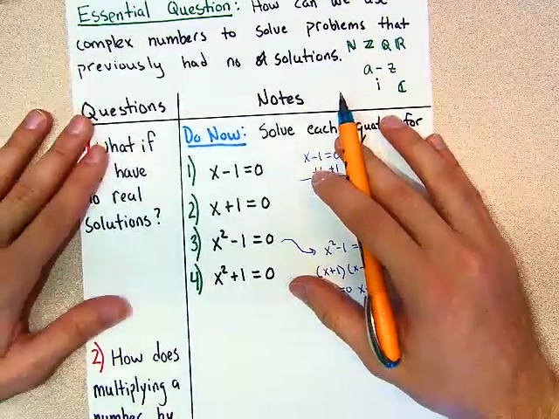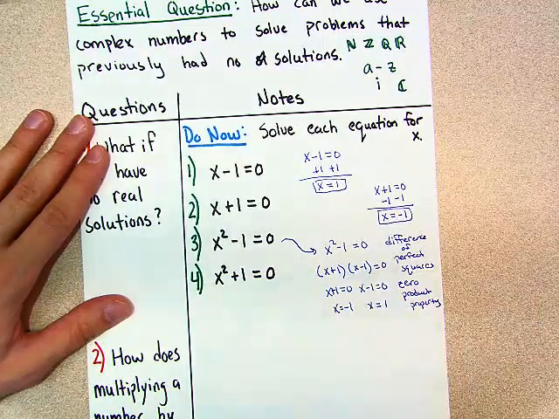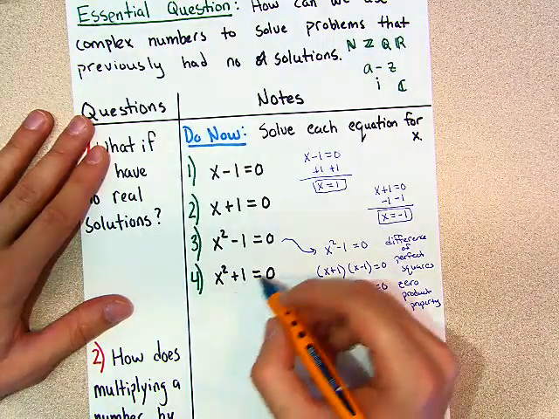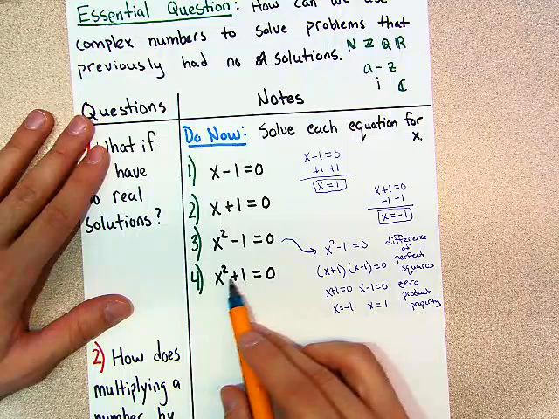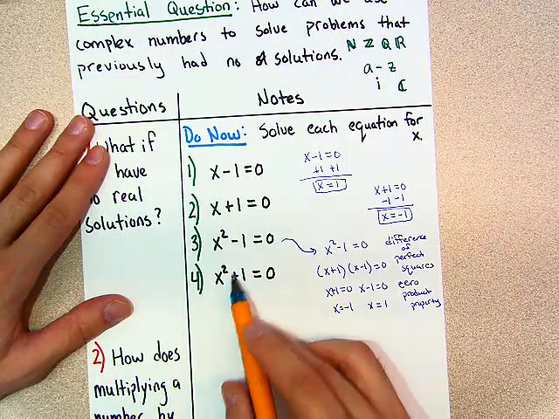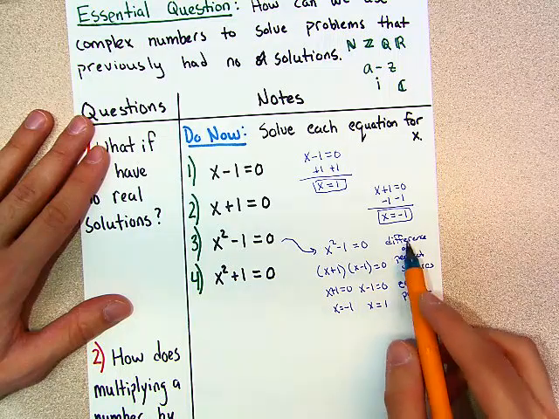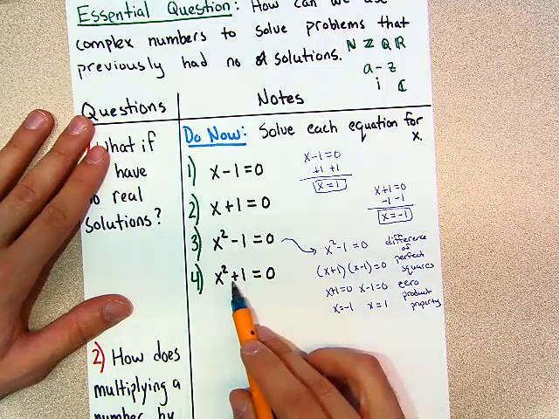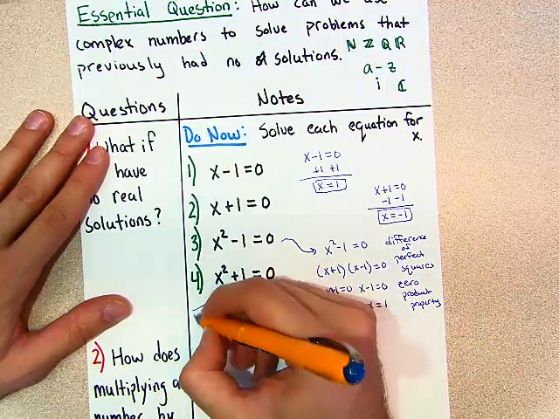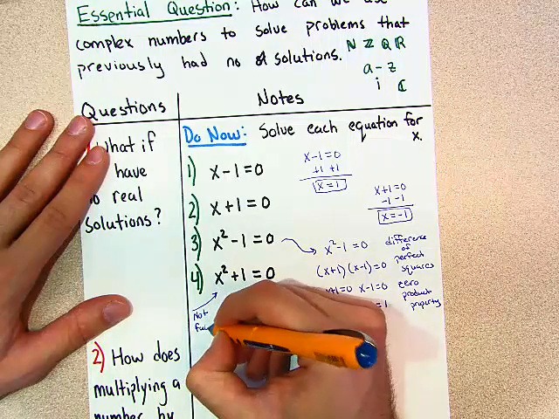But once we get to this question here, x squared plus 1 is equal to 0. Well, let's see. You can't factor this, right? Remember, when it has a minus, we could use difference of perfect squares. But something like this is not factorable. Maybe that rings a bell.